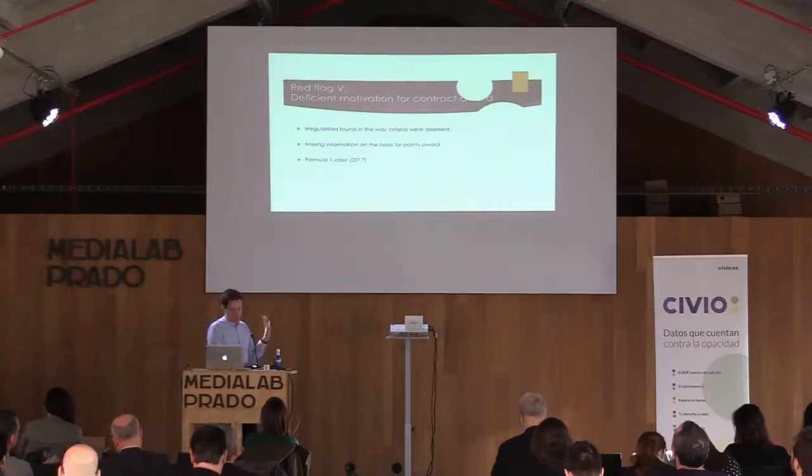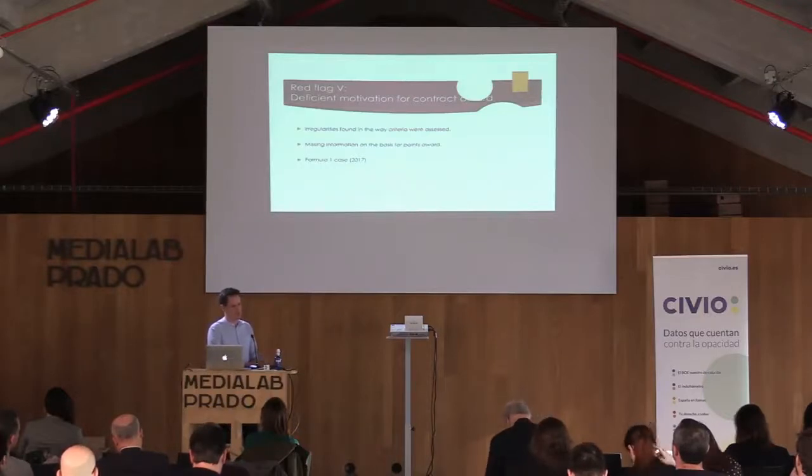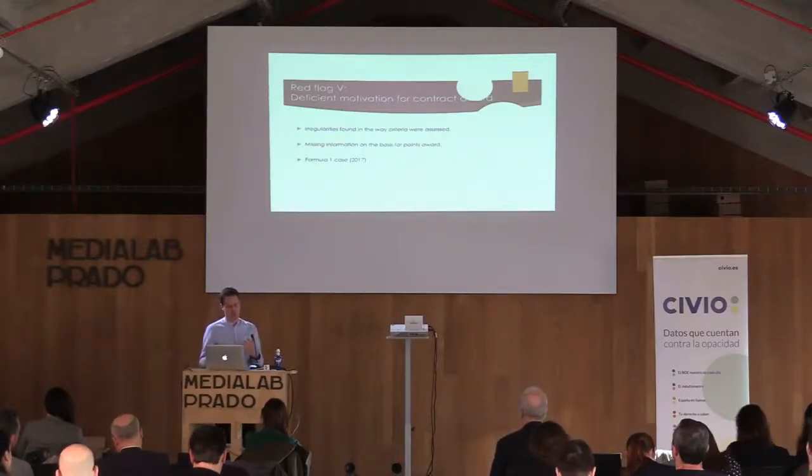And just to give you an example, in the Formula 1 case in Valencia, they found some of the documents justifying the award of the contract were added after the award of the contract, which means the contract was awarded with no justification. So they were just creating the illusion of having that information in advance.